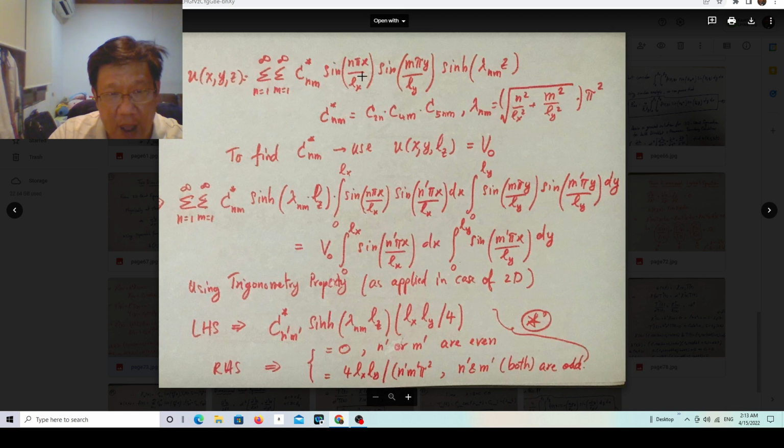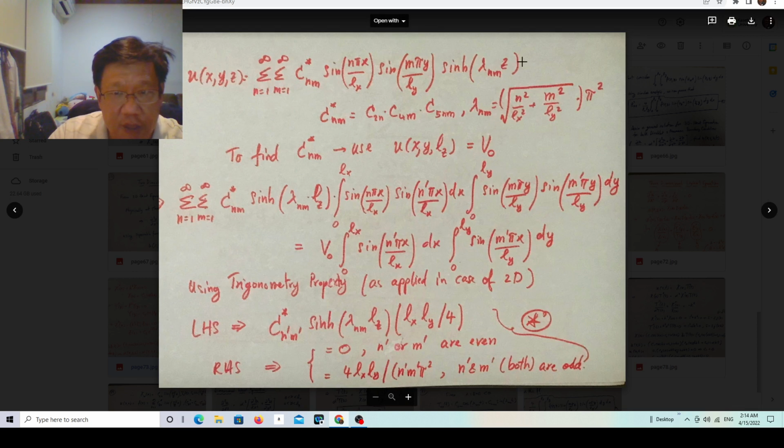We multiply by the similar form of sine that relies on n and m on both sides. On the right hand side, instead of v0, you have these two terms. Then find the integral on both sides, from 0 to L sub x and 0 to L sub y, over each domain. And you can separate this double integral on both sides because each function is separable in the multiplication form.